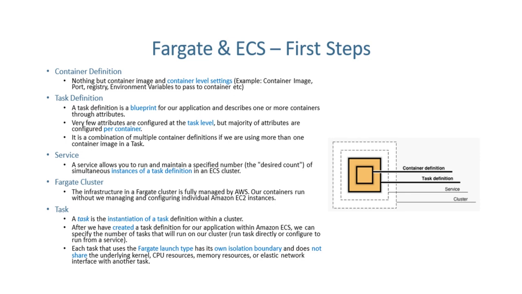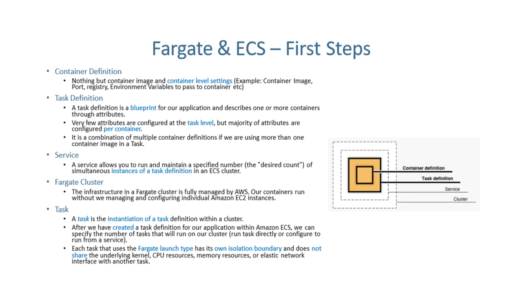Then what is a Fargate cluster? The infrastructure in the Fargate cluster is fully managed by AWS. Our containers run without us managing and configuring individual Amazon EC2 instances. So all in all, with Fargate there is no need to worry about servers. It will all be taken care of by AWS itself.